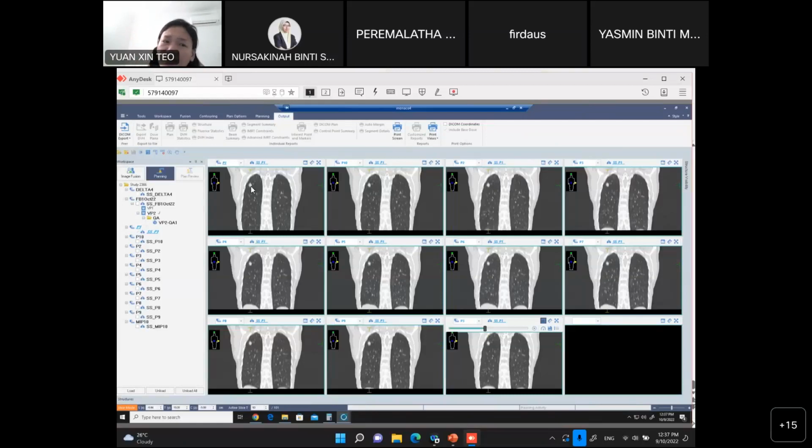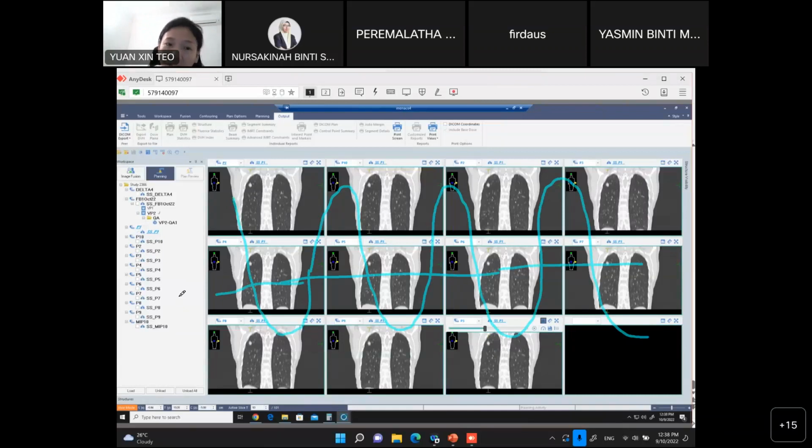There are a few techniques you can use. In our center, we perform a 4D CT scan where during the scan we track the inhale and exhale patterns. So during the scan, our breathing will be like this, and the CT scan will scan all of this.